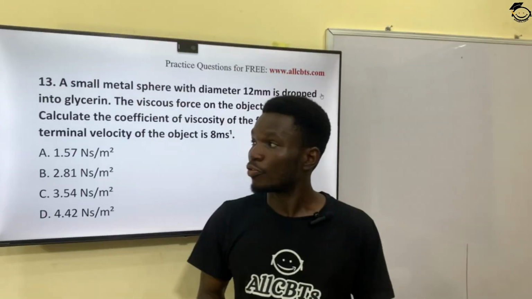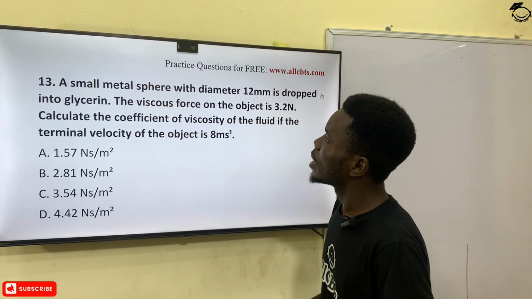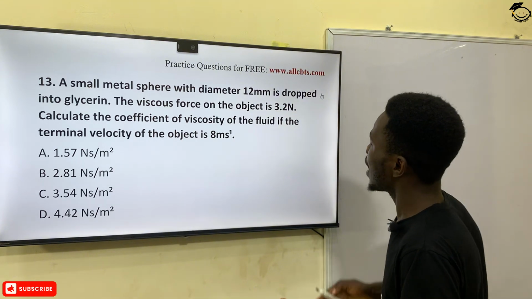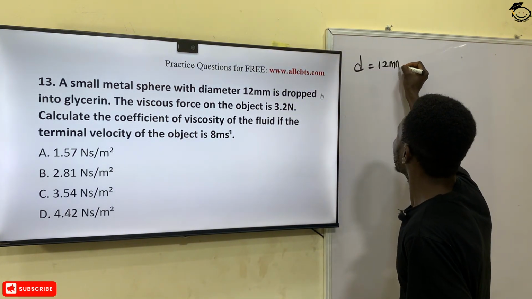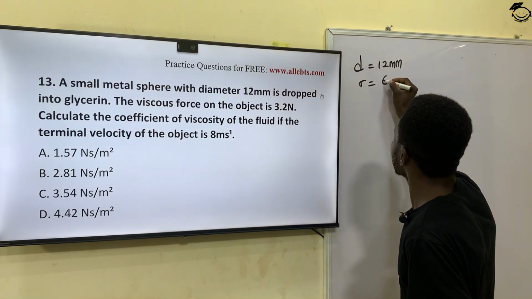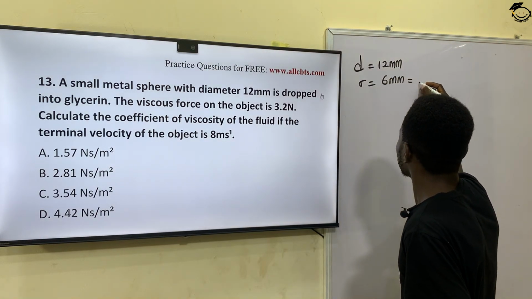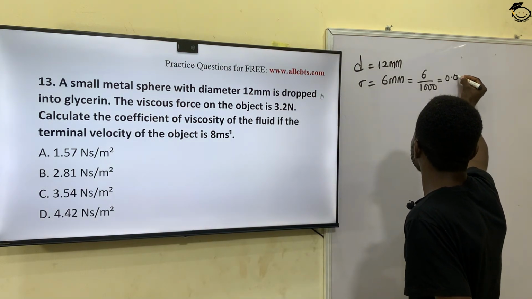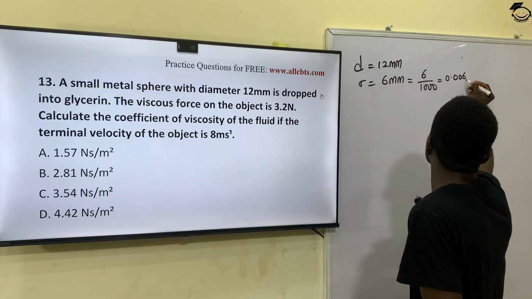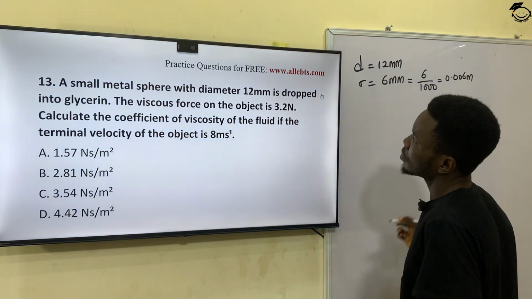Option B. Moving on to the next question, it says a small metal sphere with diameter, so we're given the diameter as 12 millimeters, which means that my radius is 6 millimeters. If you convert that, that is 6 over 1000, which will give me 0.006 meters.